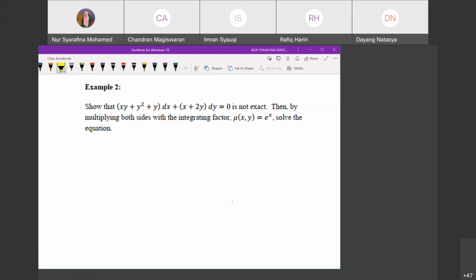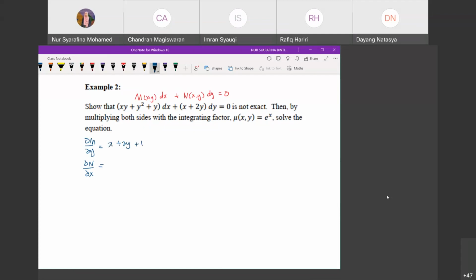Yes, doctor. Okay, so from here, you know that this is your M, and this is your N. So for proving exactness, you just need to show what is your del M del y and what is your del N del x. So del M del y equals to what? x + 2y + 1. Okay, x + 2y + 1.